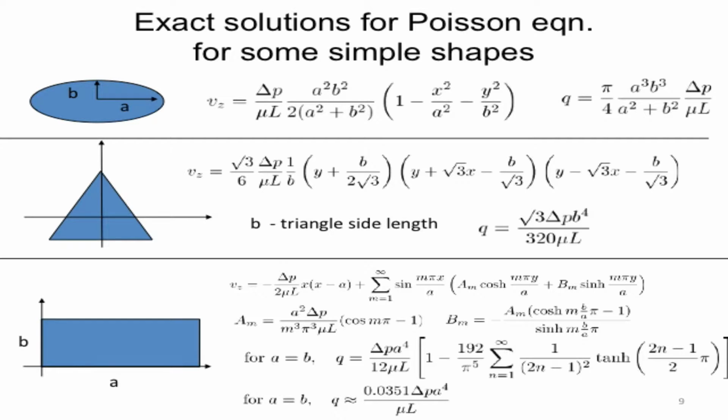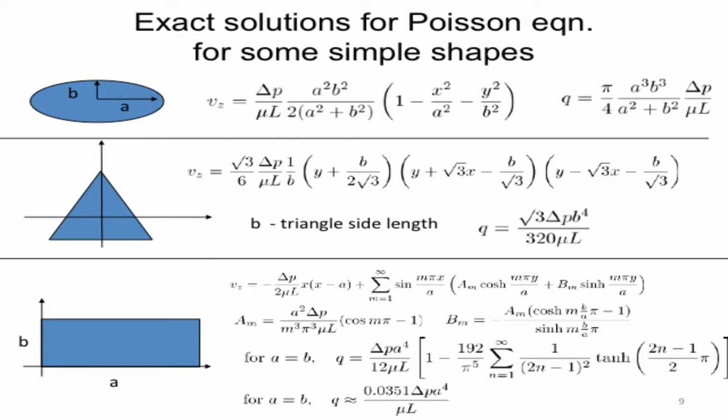I think in one of the problems in chapter 3 of BSL, you have this solution and you have to verify whether it satisfies Navier-Stokes or something like that. And then there is a rectangular solution. This is actually a series solution, but approximately, if you have a square, you can count on the flux being 0.0351 times delta P h to the 4, divided by mu L.